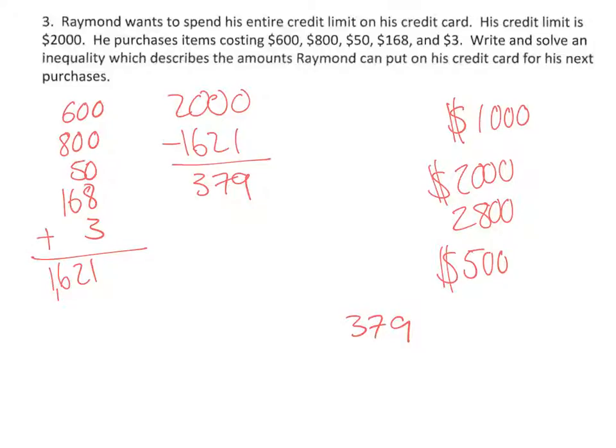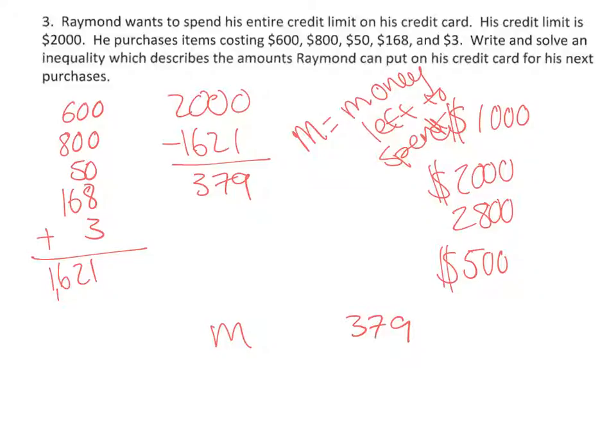So 379, and we need a variable. M. So M, what's that representing? Money left to spend.